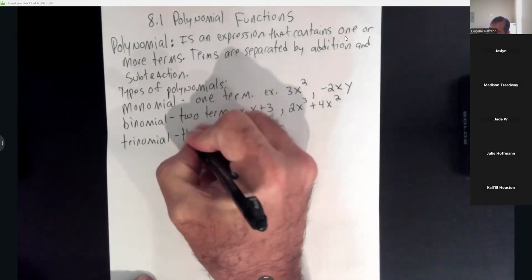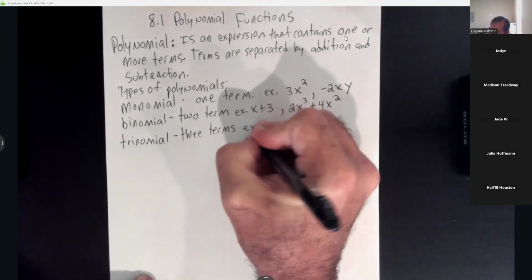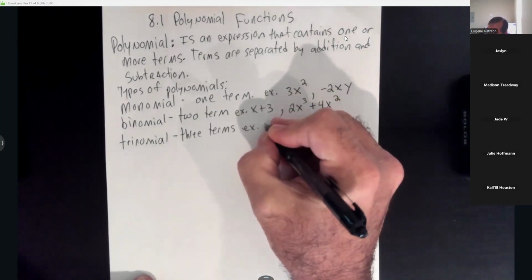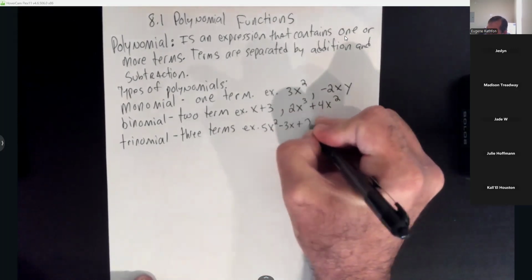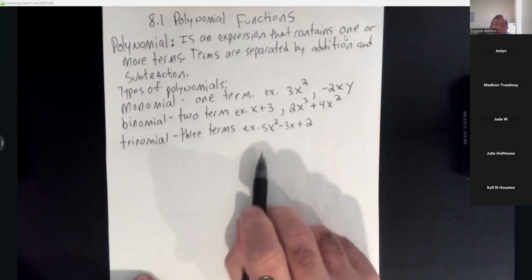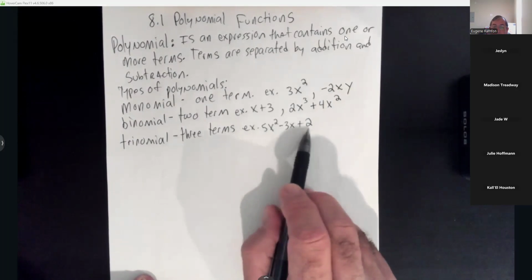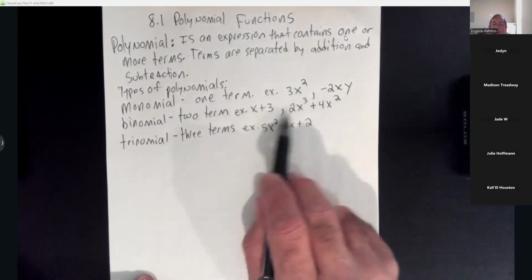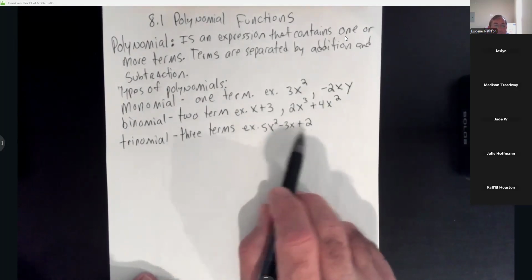And y'all, that is three terms. All right, an example of three terms could be 5x squared minus 3x plus 2. Okay, so you got three terms, and notice how they're being separated by the subtraction and addition. Okay, so that's how we separate our terms of our polynomials, the adding and subtracting.